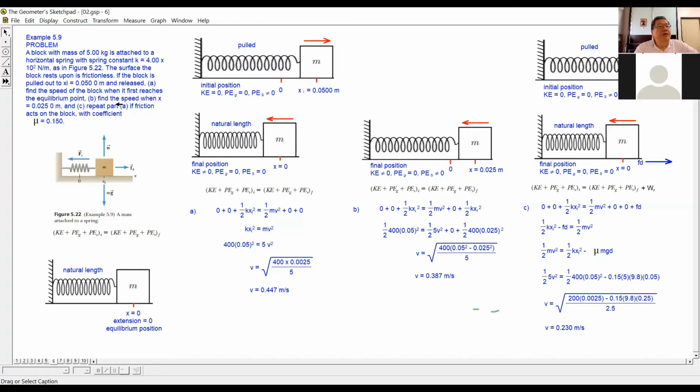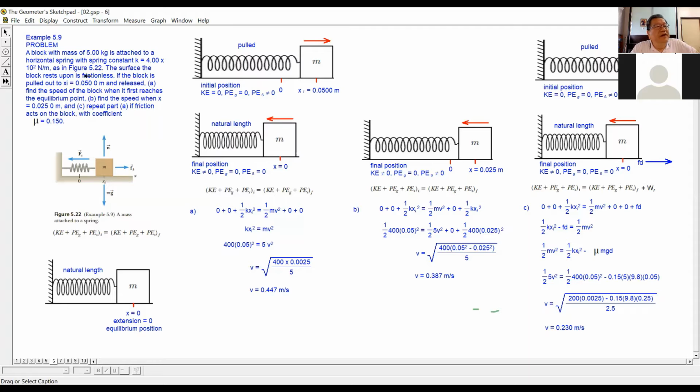Right. So let me explain this problem. A block of mass 5 kg is attached to a horizontal spring with spring constant 4 times 10 to the power of 2 newton per meter. So there's a spring here and the spring constant is known.